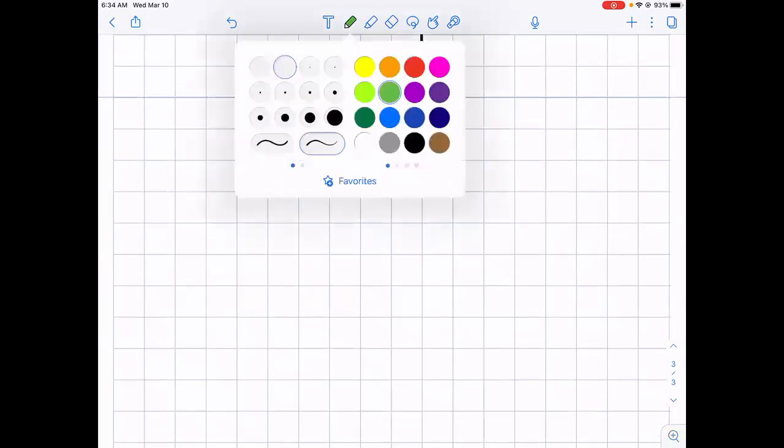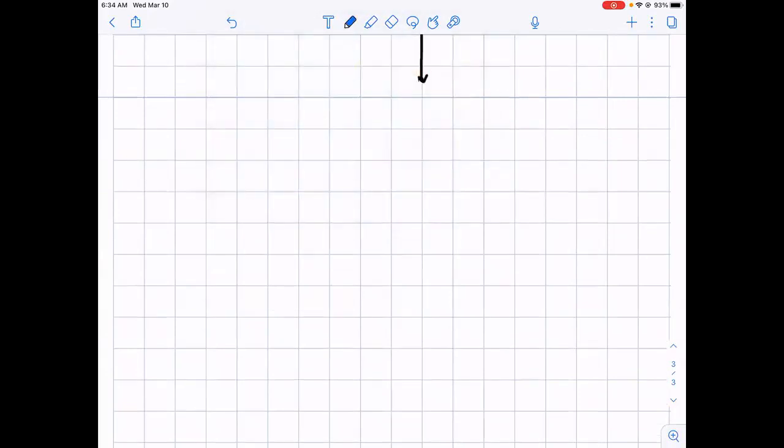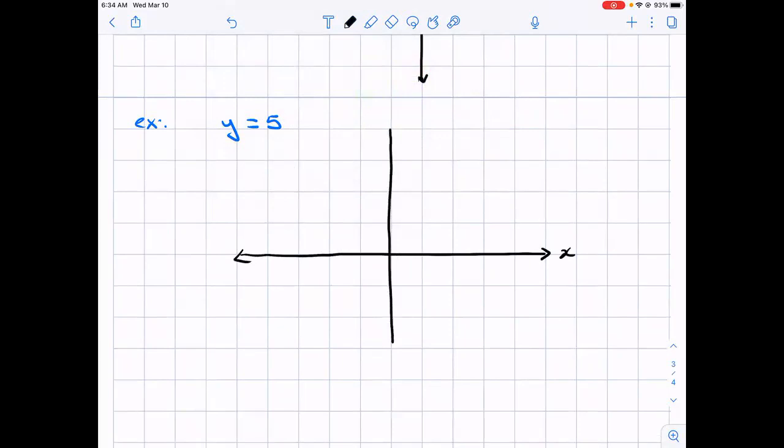Now, if we look at another example, and you're asked to graph y equals 5. Anytime we have an equation y equals a constant, that will be a horizontal line. So this is the constant.